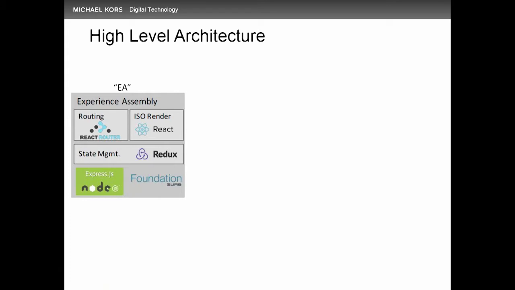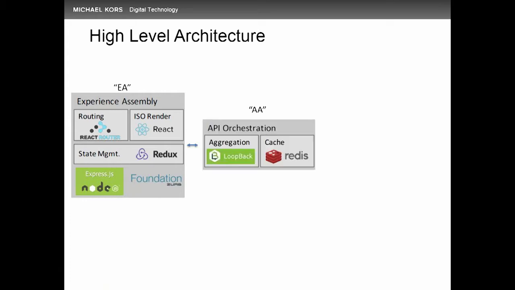One is what we call the experience assembler, which is essentially what handles the state management. It's React, it's Redux, and it's Express. And we use Foundation as kind of our responsive design framework. In the middle is what we call our API aggregator or the orchestration layer, which is essentially Loopback, which is an API gateway product.